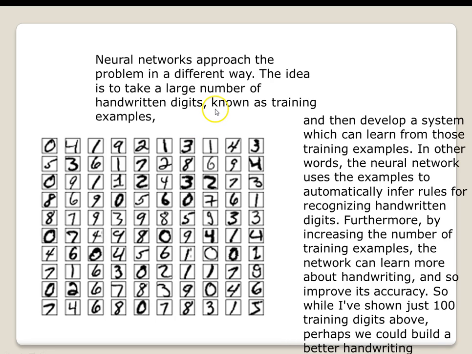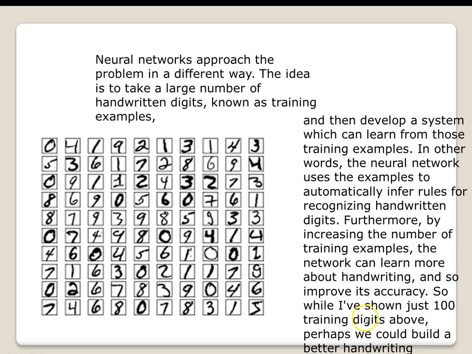So these are known as the training examples, and then we develop a system which can learn from those training examples. In other words, the neural network uses the examples to automatically infer rules for recognizing handwritten digits. Furthermore, by increasing the number of training examples, the network can learn more about handwriting, and so it can improve its accuracy.